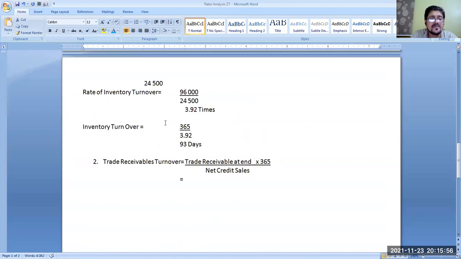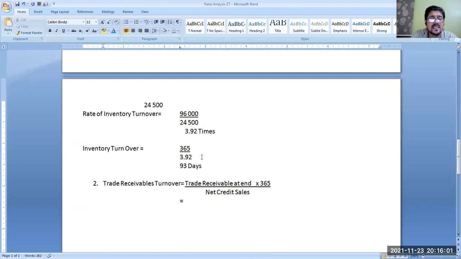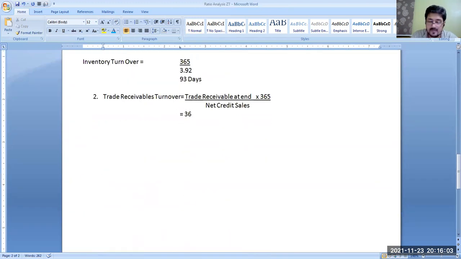So trade receivable 36,000, multiplied by 365, divided by net credit sales, which was 120,000. The answer would come in days.